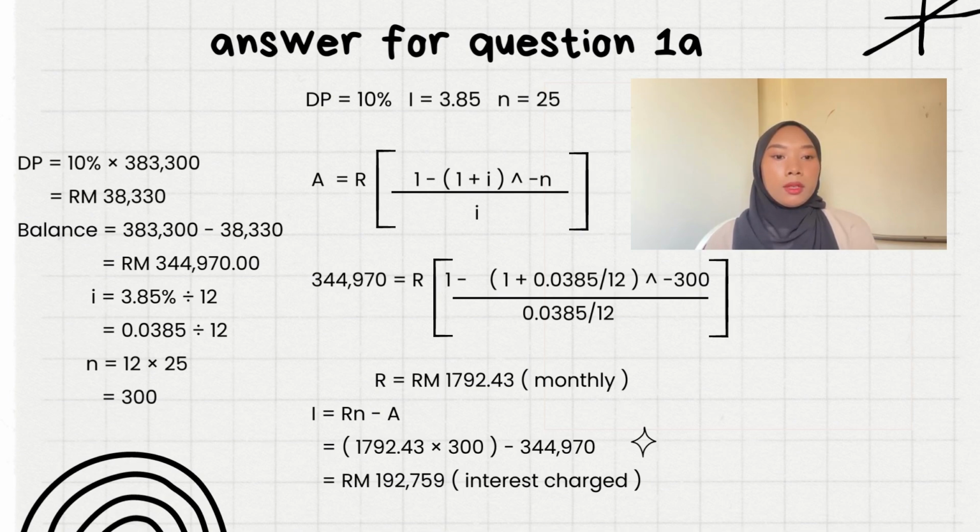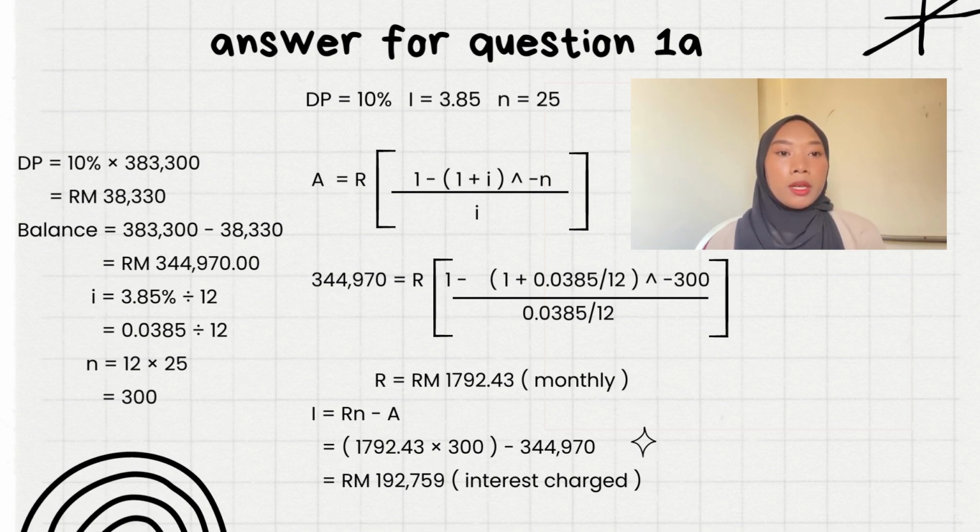And to calculate the monthly payment, we have to use the formula A equal to R in bracket (1 minus (1 plus i) to the power of negative n) divided by i. So the A is 344,970 ringgit equal to R in bracket (1 minus (1 plus 0.0385 divided by 12) to the power of negative 300) divided by 0.0385 divided by 12.